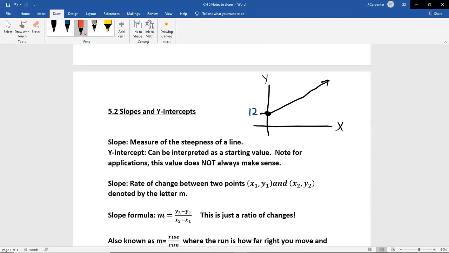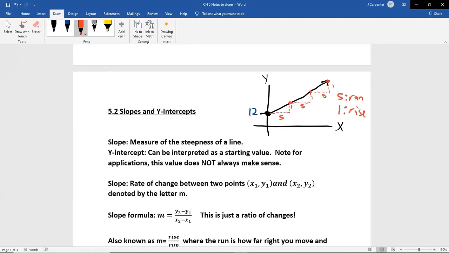Let's say you're going to go right 5 and then up 1. You'll go right 5 and then up 1 again to get to another point. Then you can go right 5 and up 1 to get to another point, et cetera. The 5 in this scenario is what we would call the run, and the 1 in this scenario is what we would call the rise.